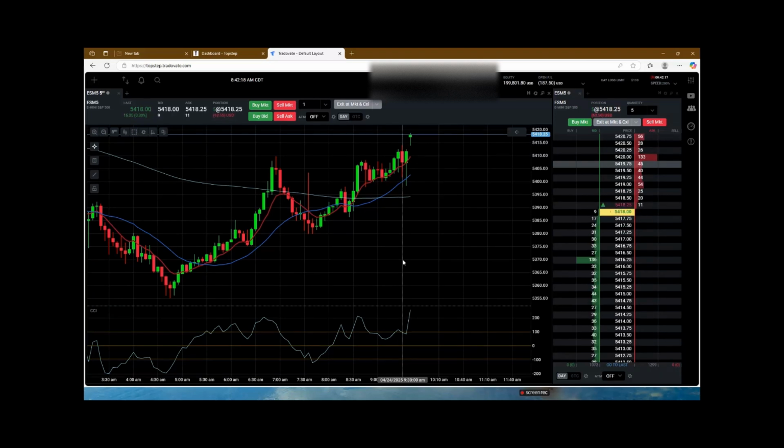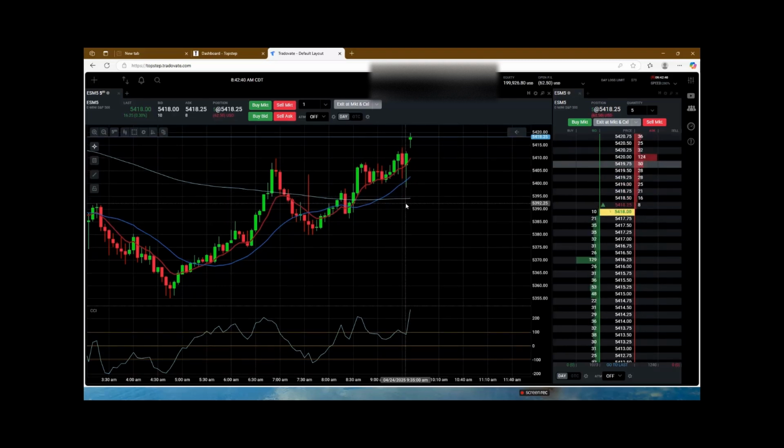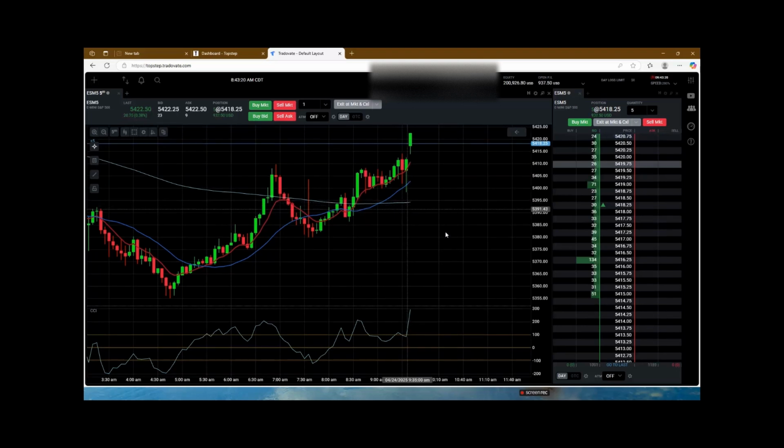All right, so what I'm going to do is put my stop loss right below the structure. Now I can easily put it in this vicinity, right below the 8-period EMA. However, what I'm going to do is put it right below this area. So that is the 5393 position, right?